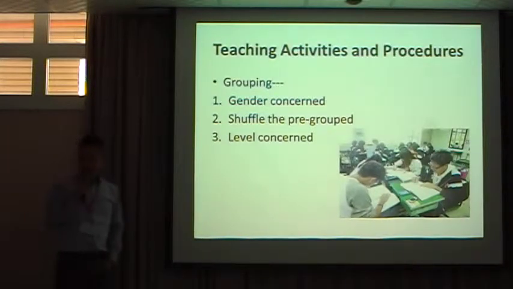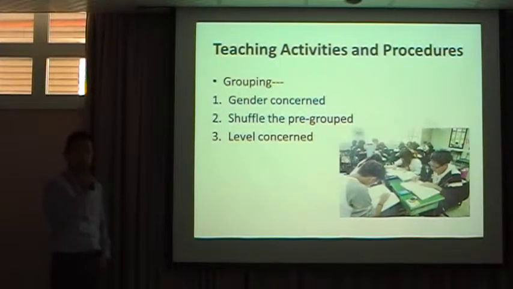As for the teaching activities and procedure, first I will talk about grouping. In this semester, I did 3 types of grouping. The first one is gender concerned. Because the female students are minorities in my class. We just have 10 or 11.